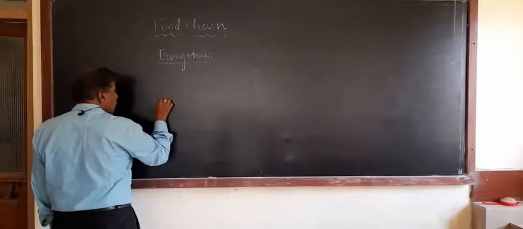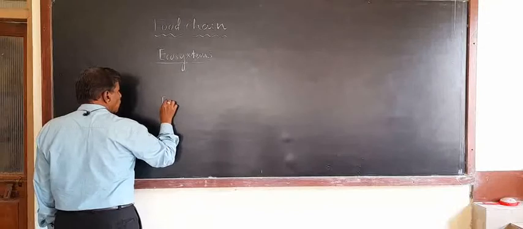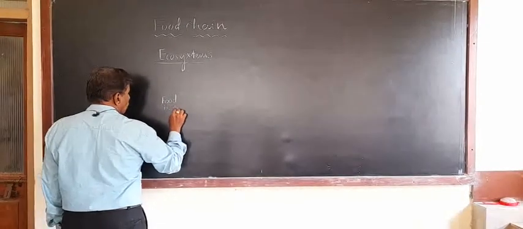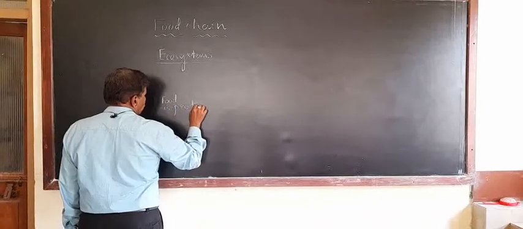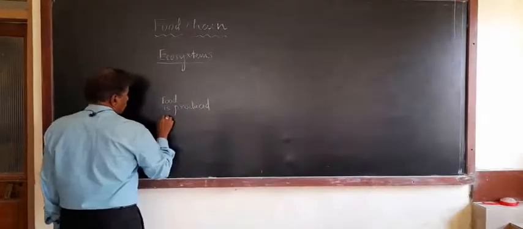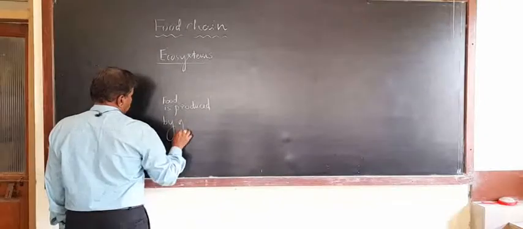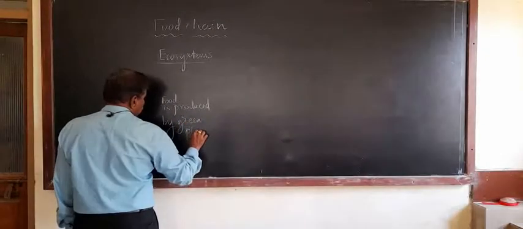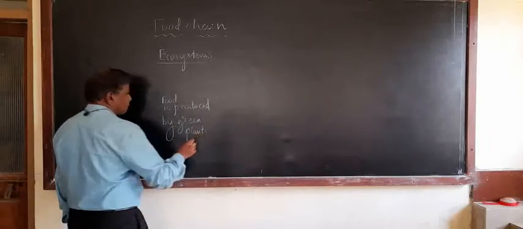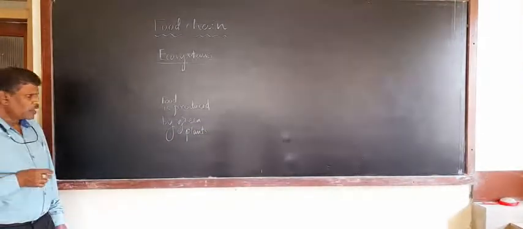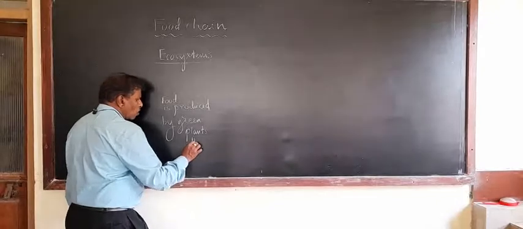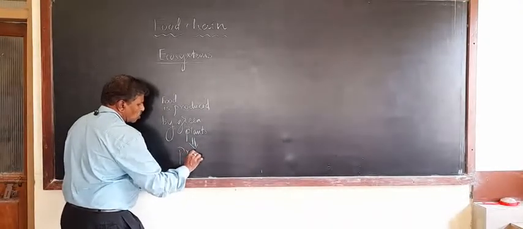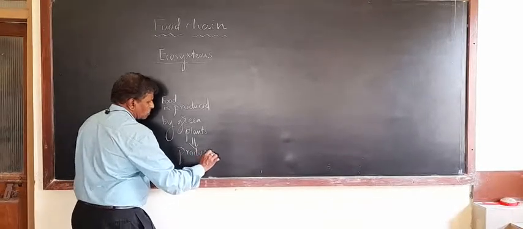There, food is going to be produced by green plants. Food is going to be produced by the green plants. That is why we treat green plants as producers.